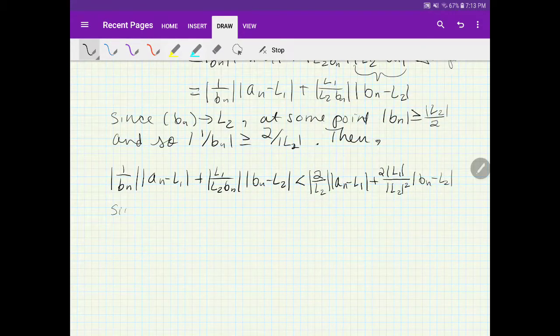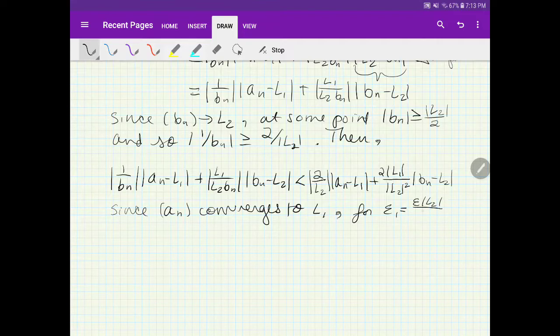So since a sub n converges to L1, for epsilon 1, which we're setting equal to epsilon times the absolute value of L2 over 4, which is greater than 0, there exists an n1 that's an element of the natural numbers such that for all little n that are greater than or equal to n1, the absolute value of a sub n minus L1 is less than epsilon 1.